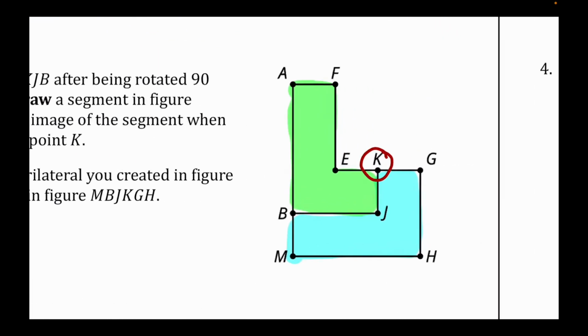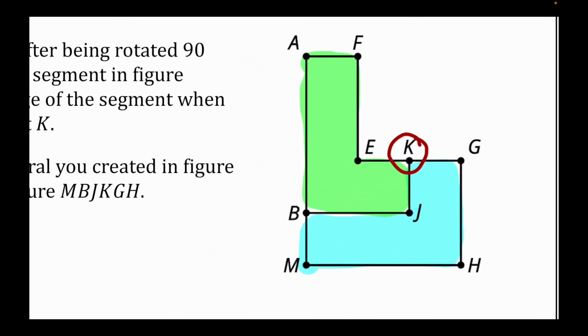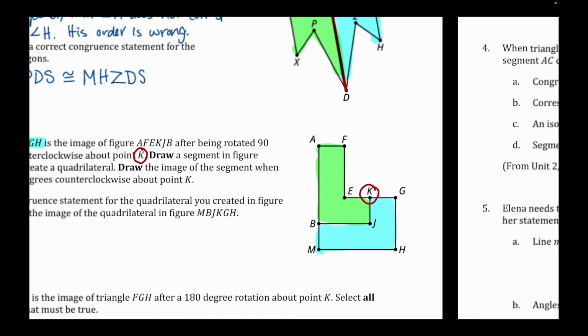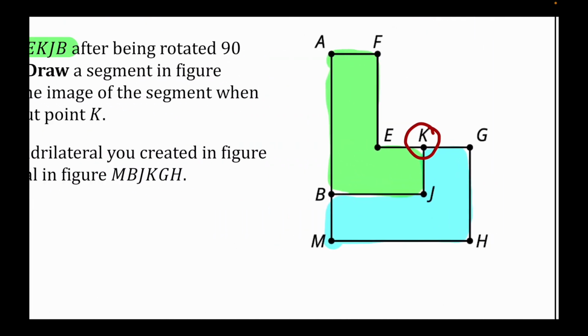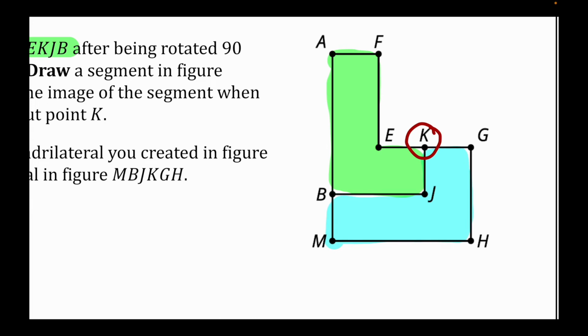So let's see, the blue one was first, and actually I didn't even highlight this as the image. I know I did that reverse of the other one, but the blue is the first, the pre-image, and the green is the image. So let's create our line maybe between J and H, just cutting off the corner here.